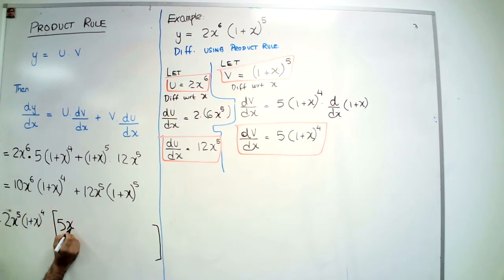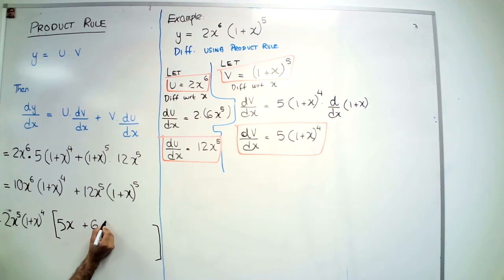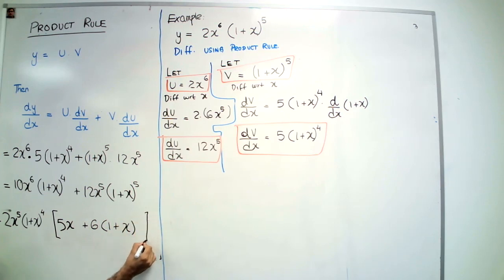So this will become 5x plus 6, times 1 plus x. If you multiply, you will still get the same answer. I'm just factorizing.